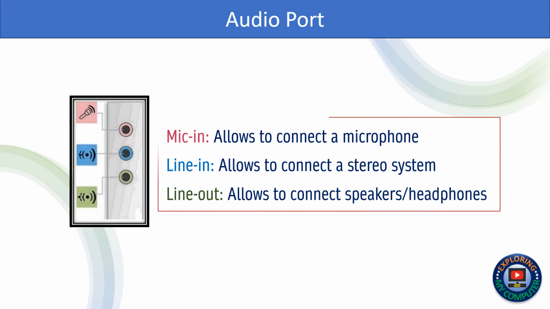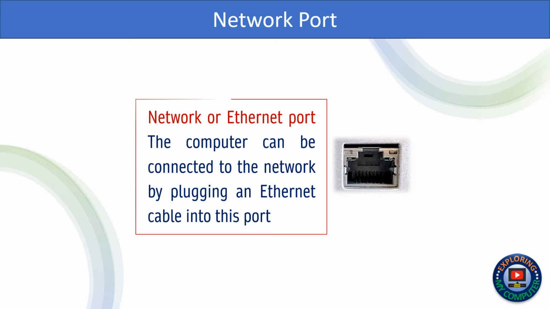Mic in allows you to connect a microphone. Line in allows you to connect a stereo system. Line out allows you to connect speakers and headphones. Network or Ethernet port: the computer can be connected to the network by plugging an Ethernet cable into this port.